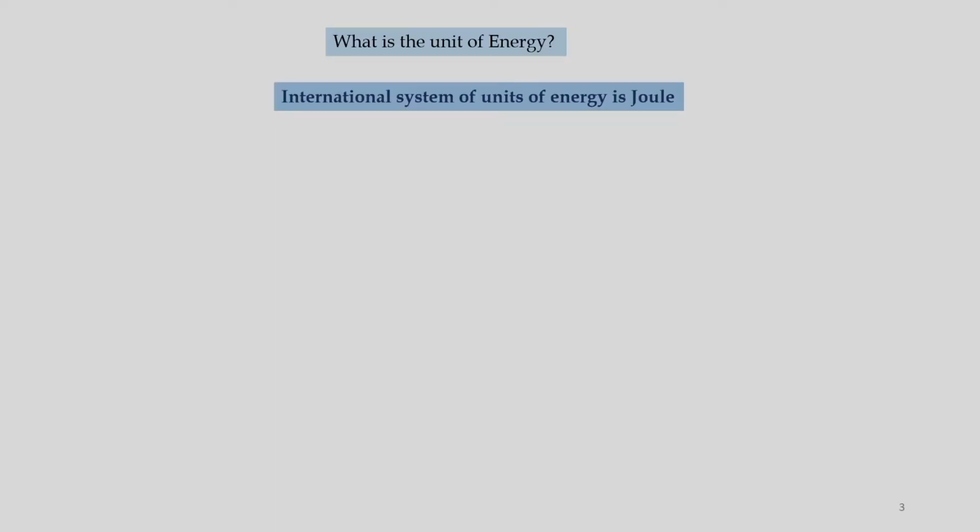Now, what is the unit of energy? The international system of units of energy is joule. Then what is power? Power is nothing but the rate at which energy is transferred or transformed. Now, what is the unit of power? It is watt, right? Now, what is the commercial unit of energy?